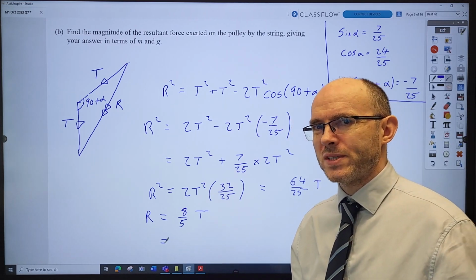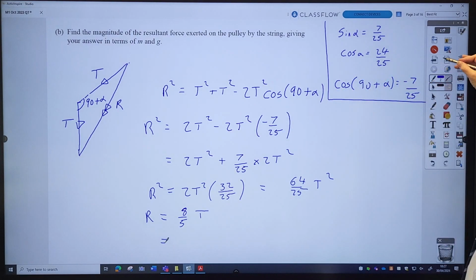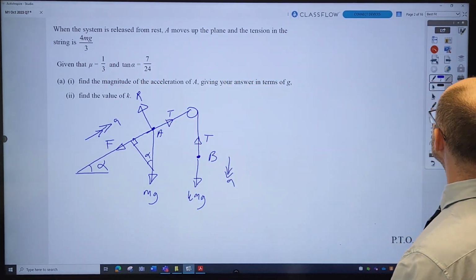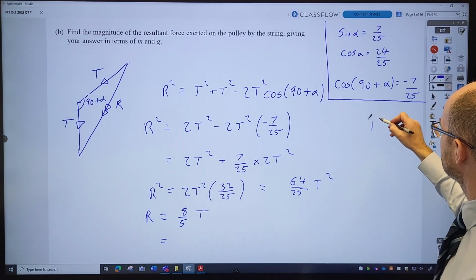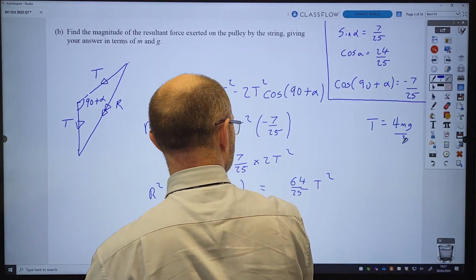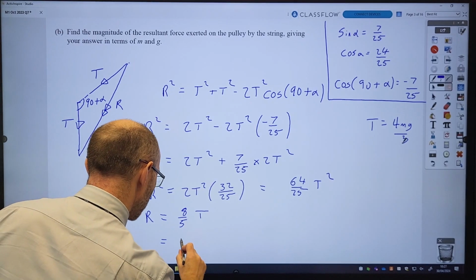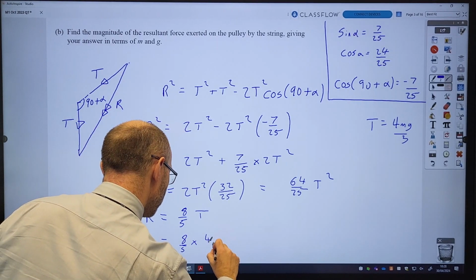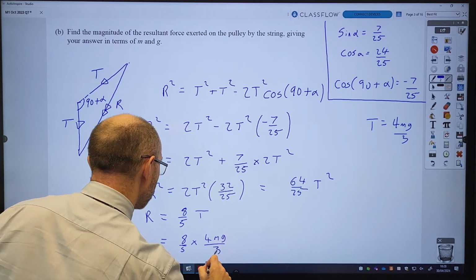I've just forgotten what T is. Let's have a look again. So T was 4mg over 3. Let's write it in here: 8 fifths multiplied by 4mg over 3.